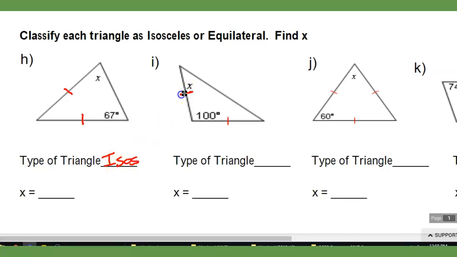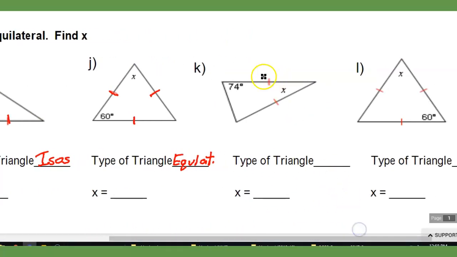That's isosceles, got two sides congruent, isosceles. Three sides congruent, equilateral. Two sides congruent.